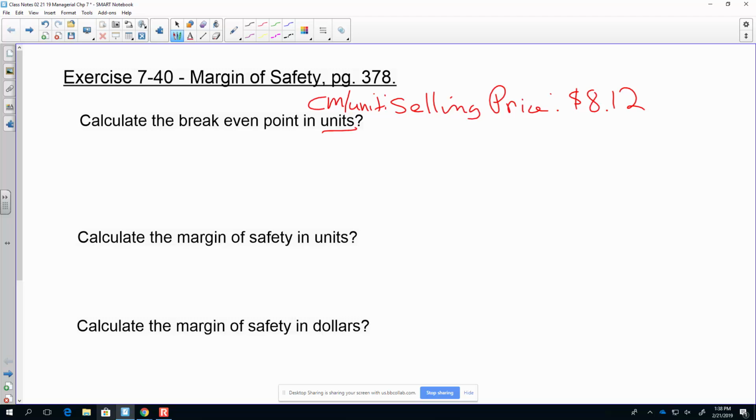So go ahead, if you have some paper or you have this problem, you can just follow along. I'm going to do direct materials at $1.87. Direct labor at $1.70.